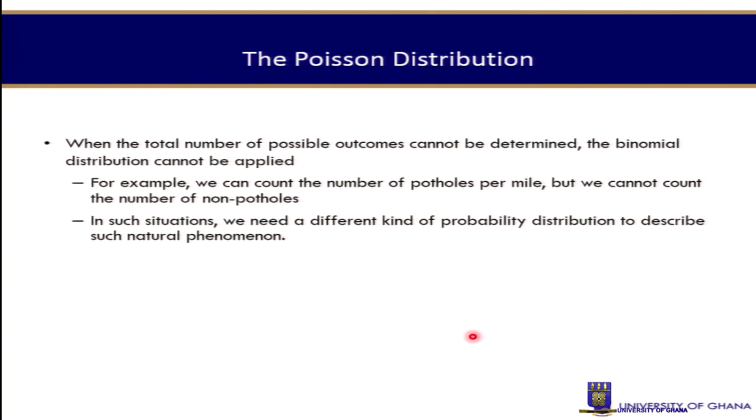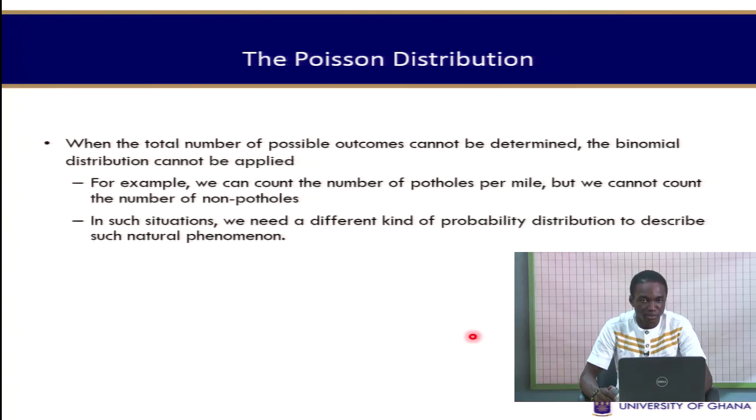We now move on to the next distribution, which is the Poisson distribution. Binomial distributions are useful when n is finite, that is, when you know the sample size.